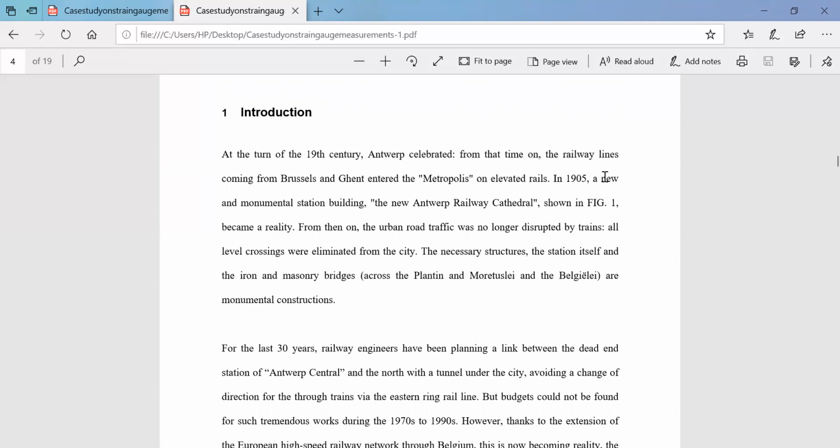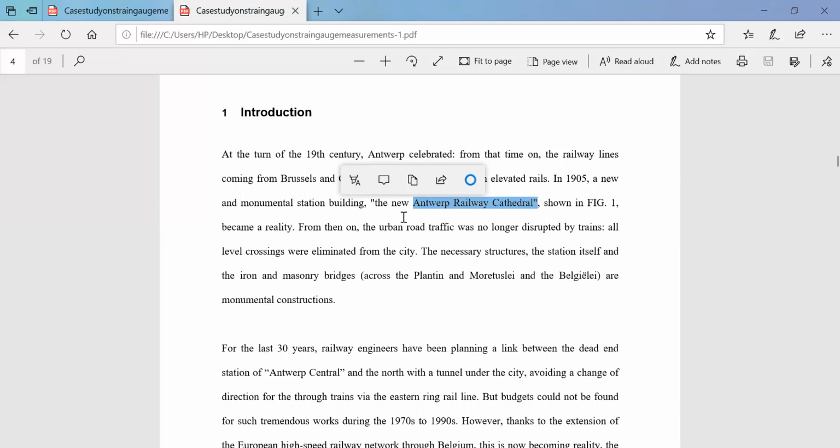In 1905 a new and monumental station was built, and this monumental station building was named the Antwerp Railway Cathedral. They say it is as shown in the figure, but when I downloaded it I didn't get any figures. I'm sorry for that. So this is how the Antwerp railway cathedral station originated in the year 1905.